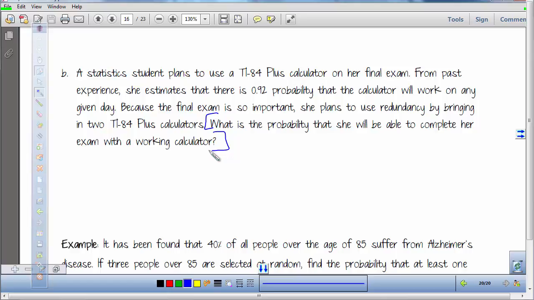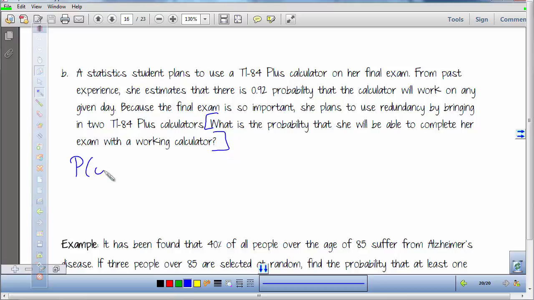Okay, again, those words don't fit any of our keywords, but when I think about it, in order for her to finish with a working calculator, either one of them is going to work or they both have to work. So I could describe that as at least one.